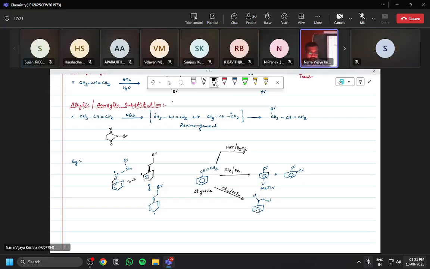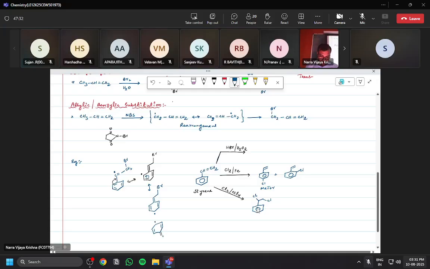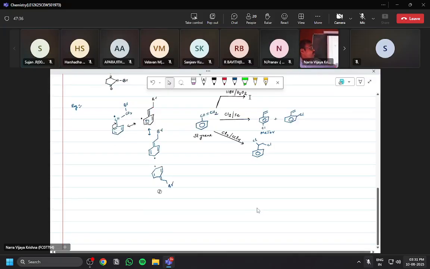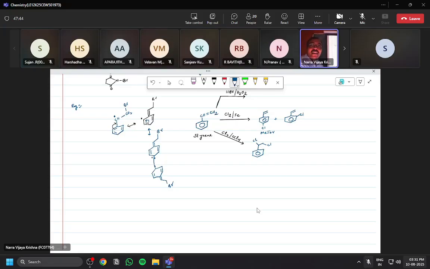No. Here, two such molecules can undergo dimerization. There is a bond formation between these two. Possible or not? Right? So there is possibility for dimerization products also.